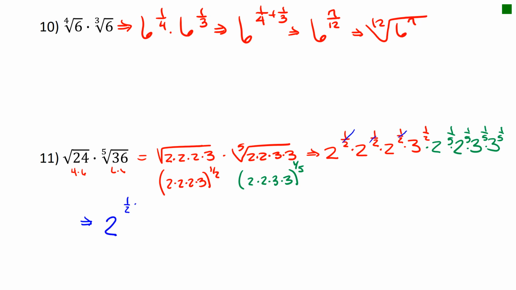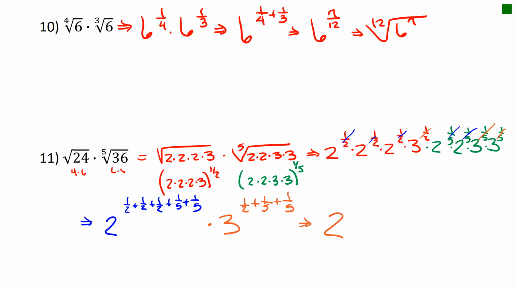So that's 1/2 plus 1/2 plus 1/2. Some of us could say 3 times 1/2. Plus 1/5 plus 1/5 times 3 to the 1/2 plus 1/5, 1/5. So that's going to be 2.